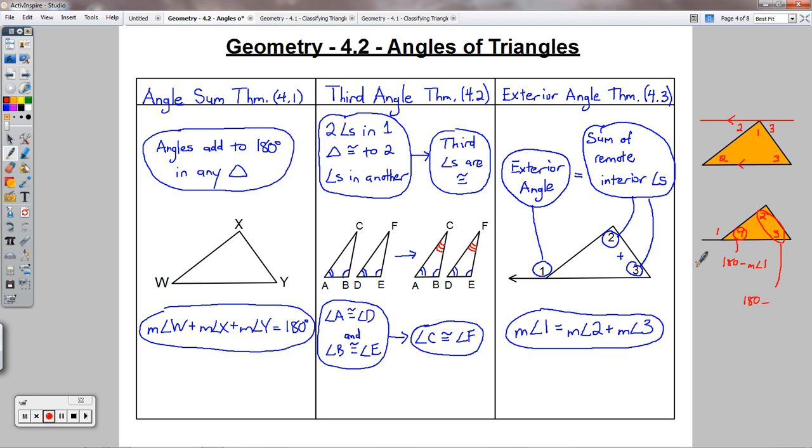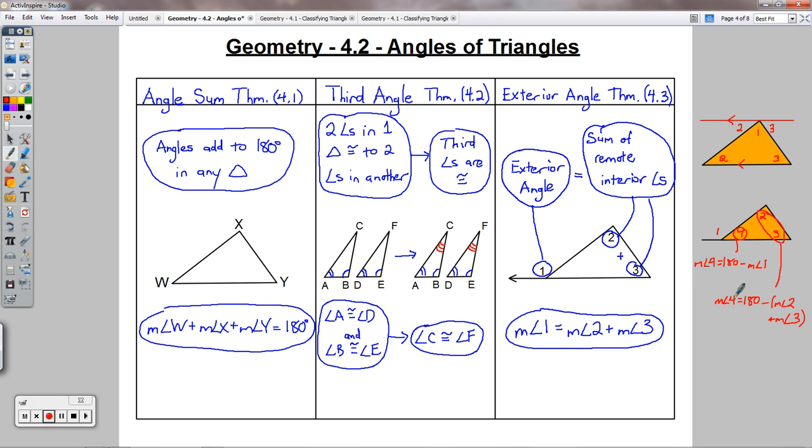So the measure of angle 4 would equal 180 minus the measure of angle 1. You have a linear pair there. And the measure of angle 4 would also equal 180 minus these two angles added together, so the measure of angle 2 plus the measure of angle 3.